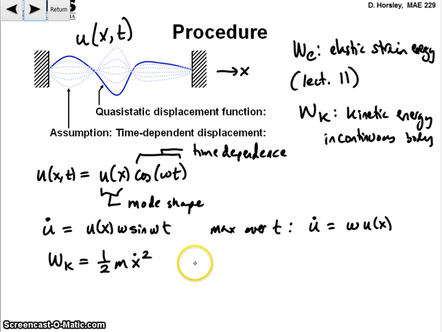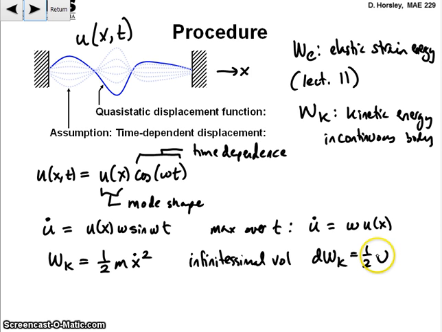So we should really be thinking about an infinitesimal mass, an infinitesimal volume, and that one has, so maybe we'll call it dWk, is going to be equal to 1/2, and the mass of some infinitesimal volume is going to be equal to the density at that point times the cross-sectional area times dx. Okay, so that takes care of the 1/2 m part, and then I need u dot here.